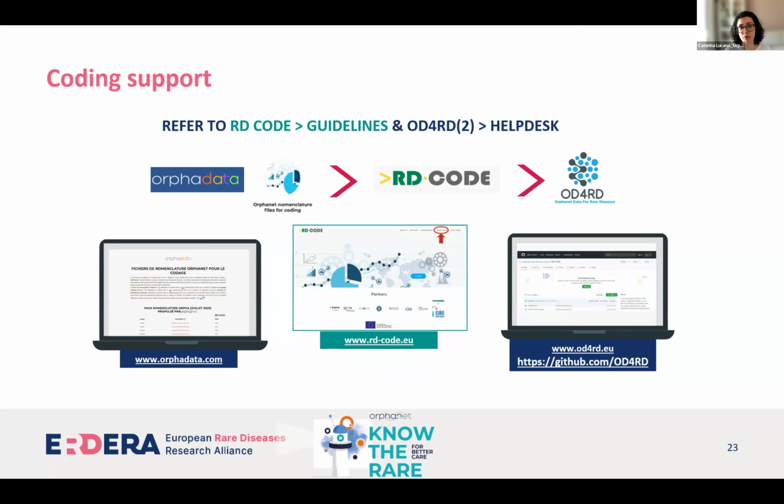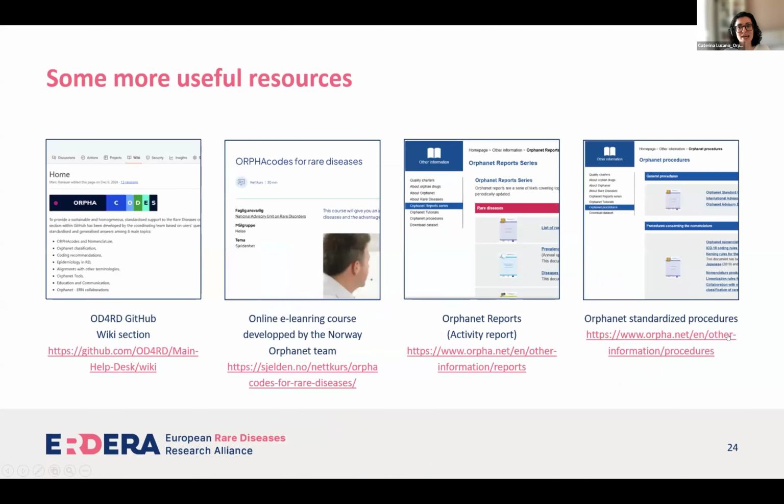So we offer coding support. This is just for your knowledge so that you have the links. You have coding support through Orfadata, through the RDCode website, and through the OD4RD website. And finally, I just put here some more useful resources for you if you want to read a little bit more on ORFA codes. Here you have the Orphanet GitHub wiki section in which we really explain everything there is to know about ORFA codes and coding with ORFA codes.